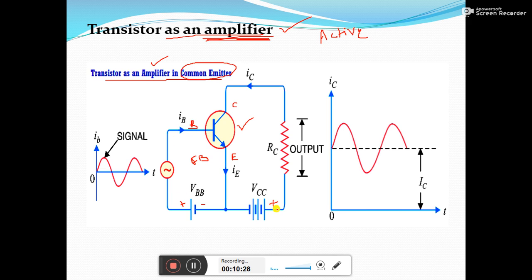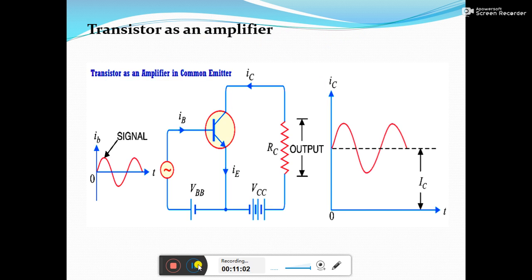Both are connected to positive terminals only, but this battery is of smaller voltage than that battery. So the collector terminal is more positive compared to the base terminal, and the collector to base junction is also reverse biased. Since these two junctions are biased in such a way that the transistor operates in the active region, I can use the transistor as an amplifier here.